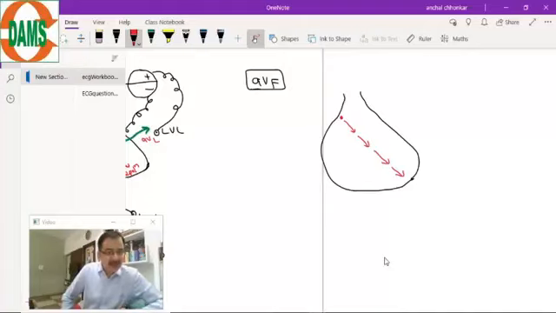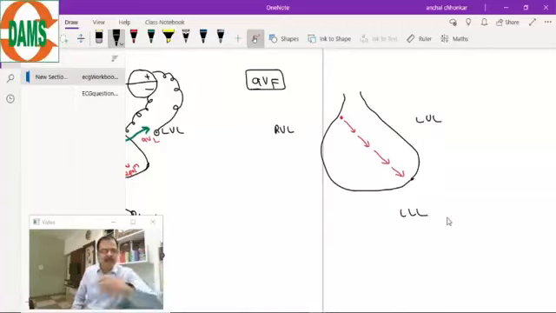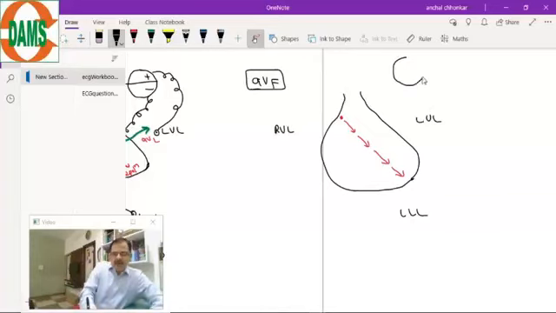Yesterday we did that basic: if the charge is moving perpendicular to the vector of the galvanometer, it shows a net zero deflection. Now coming to the depolarization current, it is this, and here is the right upper limb, here is the left upper limb, here is the left lower leg. These are the limb placements in relation to the heart, the vertical position of the heart, the normal direction of depolarization. So here what we will do, this is the galvanometer of AVF, plus minus.